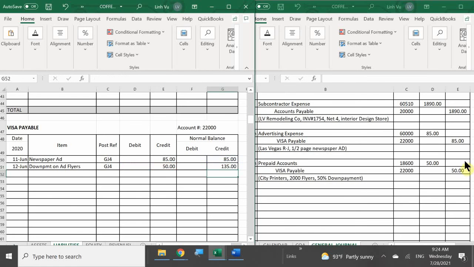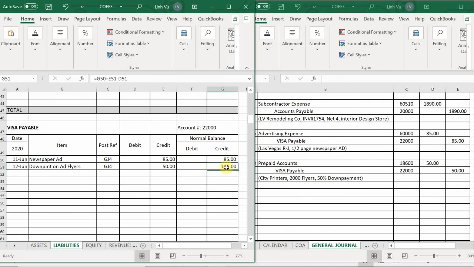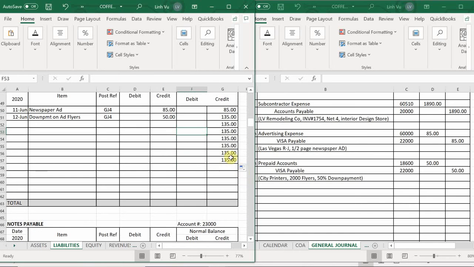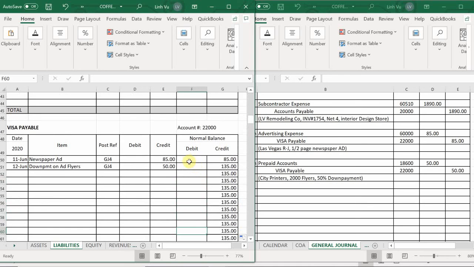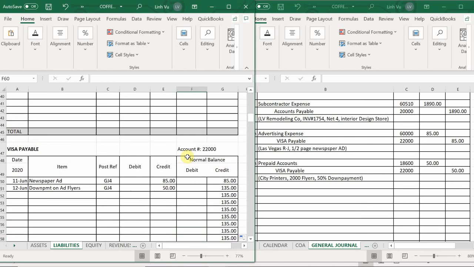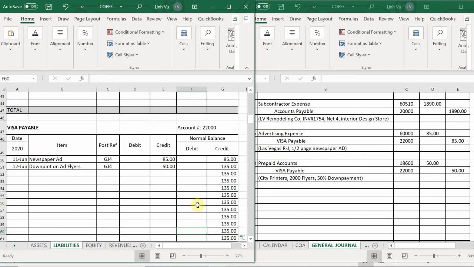So you get 135, and you could drag this all the way down to the end of the table, because we will be using our credit card quite often. I'm going to pull it all the way down to the end of the table, except for the gray, of course. Right now, I currently have a credit balance of $135, and that's how much I used on my credit card.